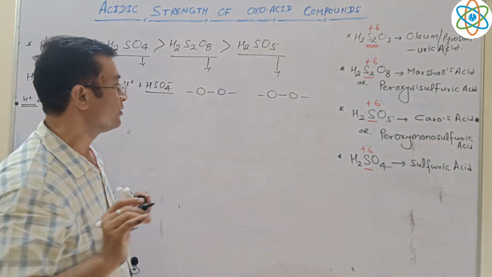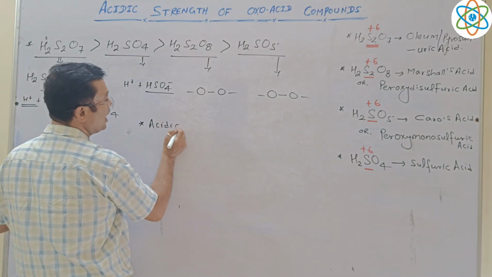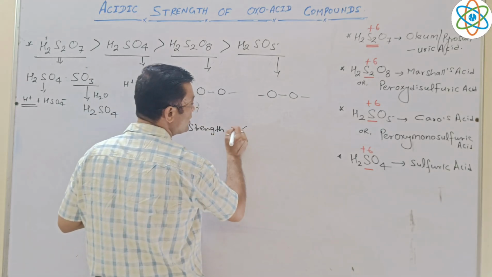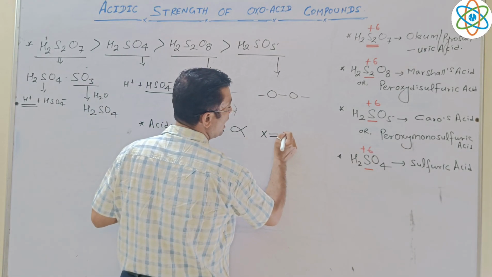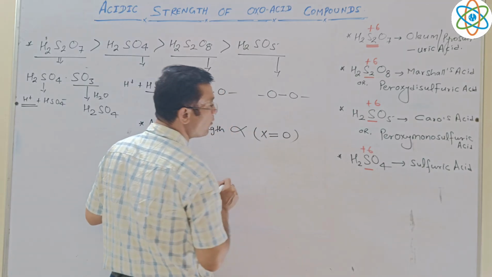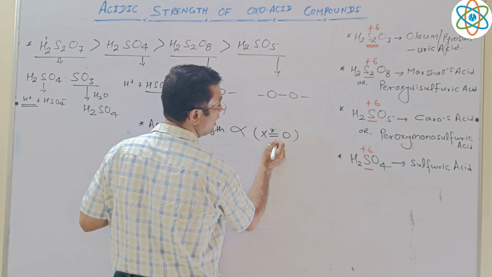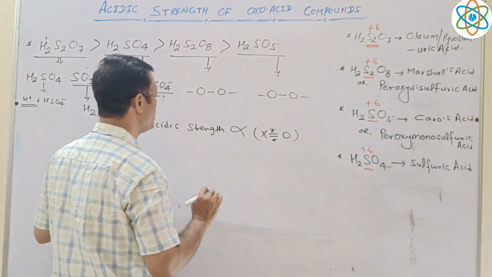I have told you that acidic strength directly depends on the number of oxygen atoms attached with a double covalent bond, means one pi bond and another sigma bond. This is the important condition.